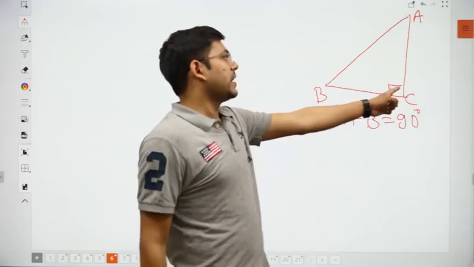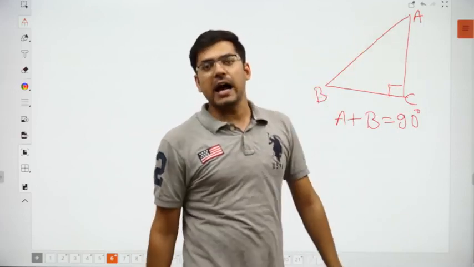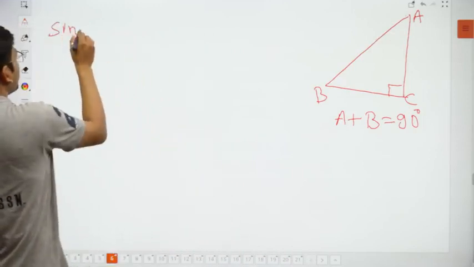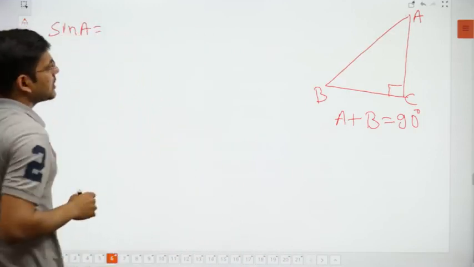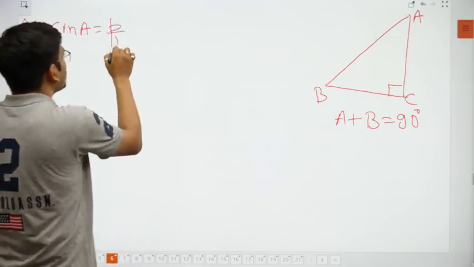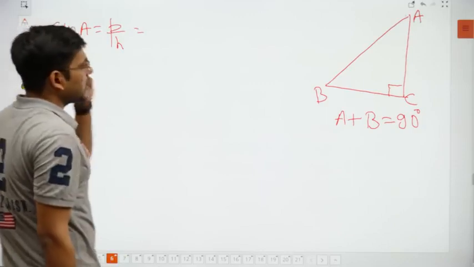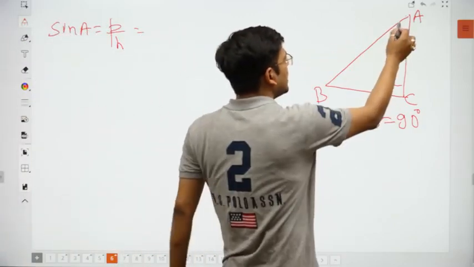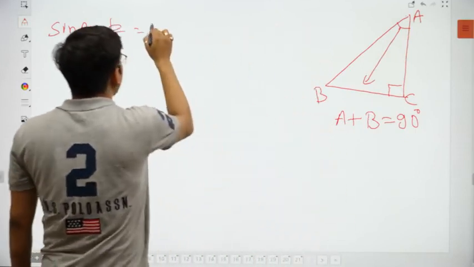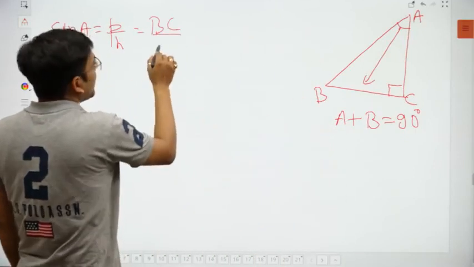If one of the angles is 90 degrees, then the remaining two angles are always complementary. Now say for example, if I write sine A, then sine is always perpendicular upon hypotenuse. You have learned that it is always perpendicular upon hypotenuse. So for sine A, considering this angle, the perpendicular would be this side. So I will write it as BC upon AB.